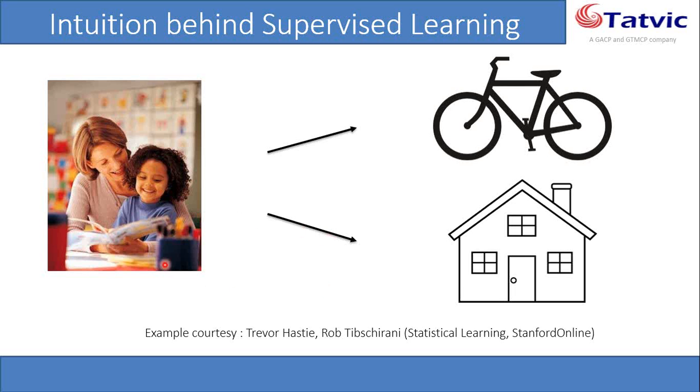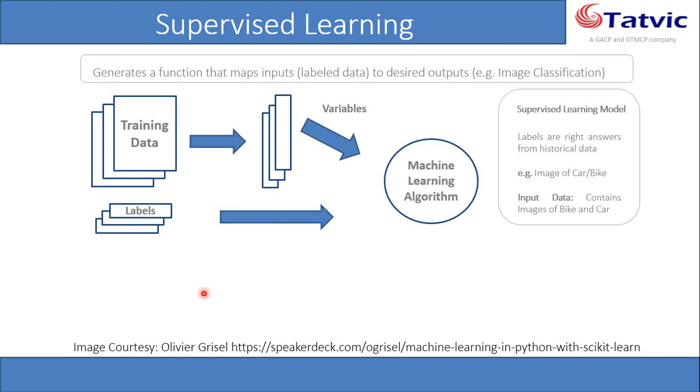So with that example in mind, let us map this concept to what we are trying to achieve. This you can say is the training data, let's say the actual images shown to the child in the learning stage.